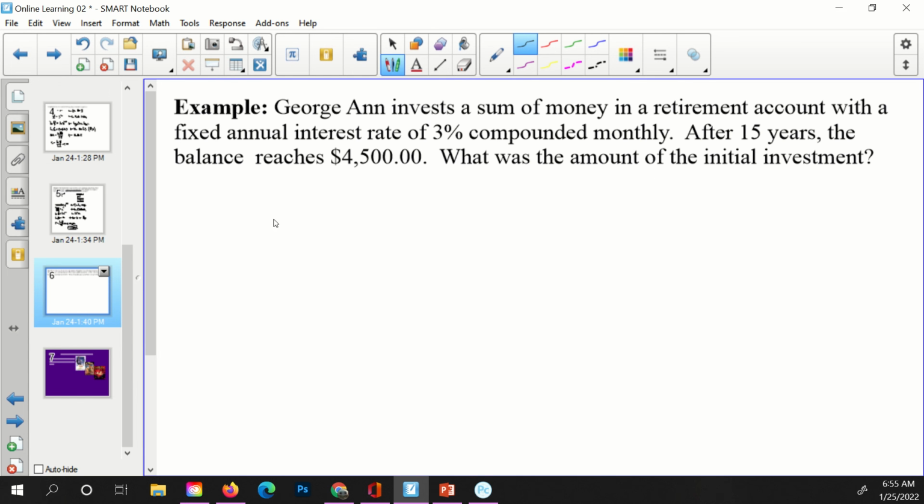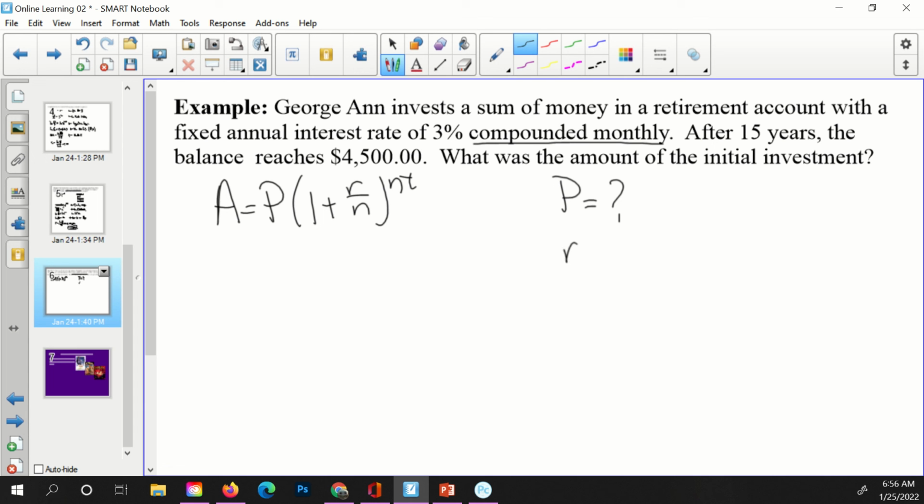All right, so again, it says compounded monthly, so we're talking A equals P times 1 plus r over n to the nt. So she invests the sum of money. P is my unknown with an annual fixed rate of 3%.